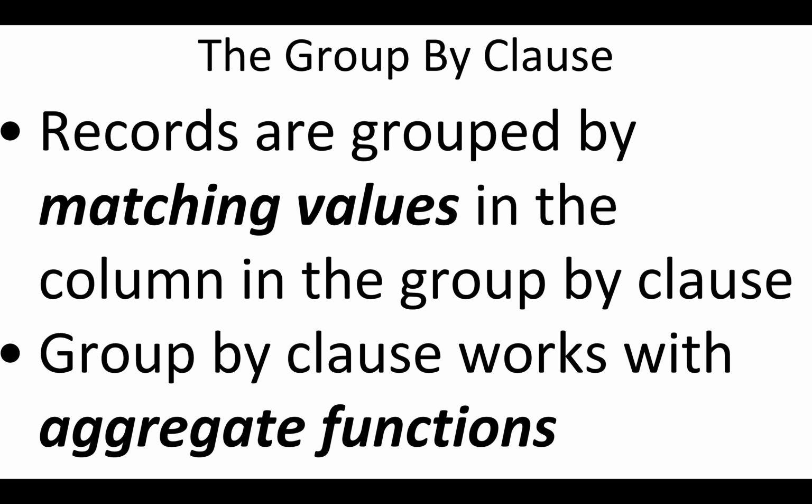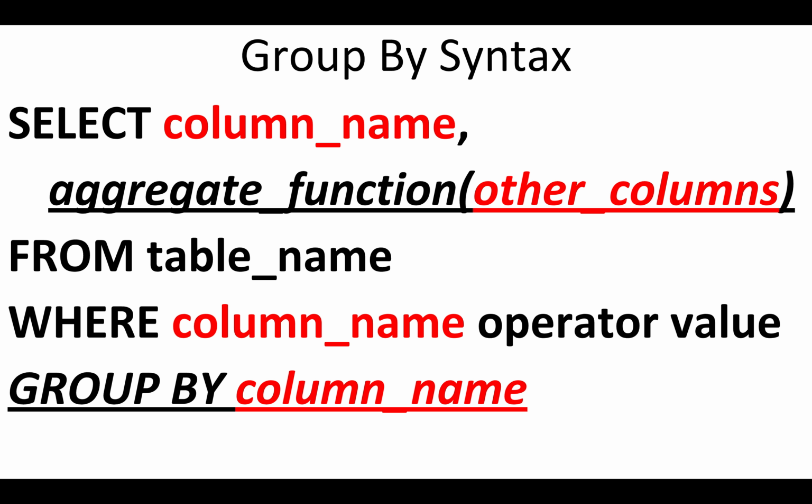So group by allows you to group by a particular field, and then answer questions about the aggregates of all the other fields that are not grouped by. That introduces some limitations of what you can do with group by. We looked at the syntax, select column, and the only thing that could possibly be in the select statement is the column you're grouping by. You have a value, you know what that value is, the zip code or the department or whatever, so you can select it and retrieve it as an output.